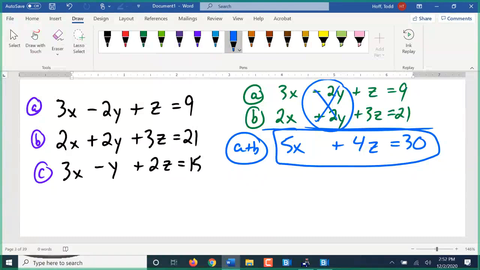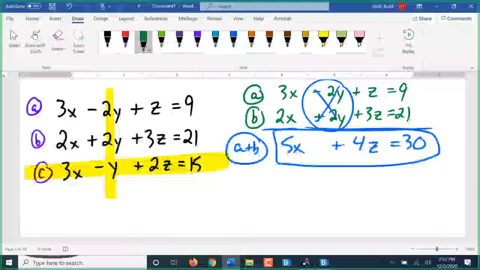Now the equation I have not yet used is equation C. I have to use that now. The variable I eliminated was the y variable, so I have to eliminate the y variable again. So here's what I'm going to do. I am going to use equation C along with equation B. Because C has a negative y, B is a positive 2y.